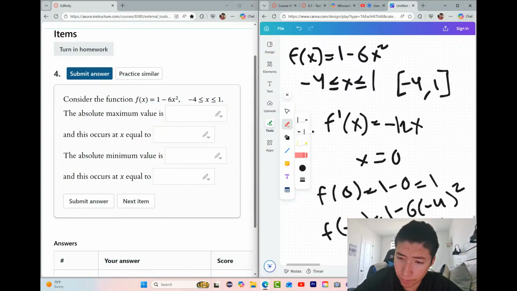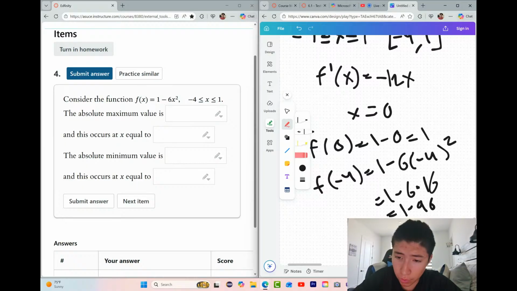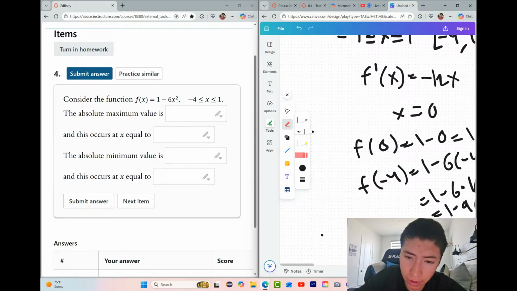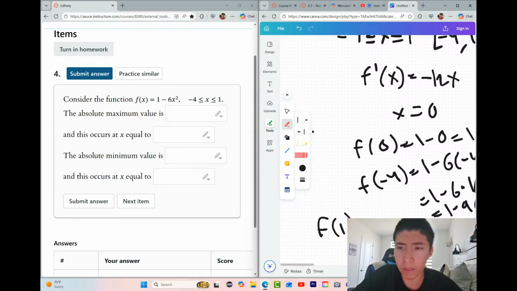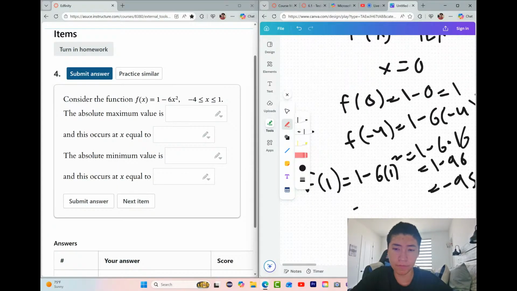That equals 1 minus 96. Yeah, that's pretty low. And this equals -95. So yeah, fat chance. And then we finally have f of 1. And that equals 1 minus 6 times 1 squared, which equals 1 minus 6, -5.